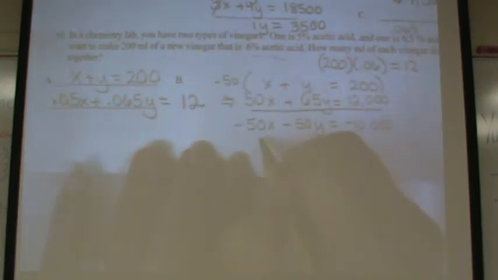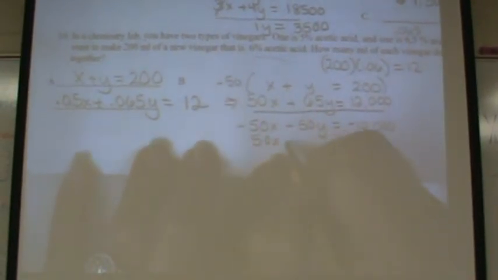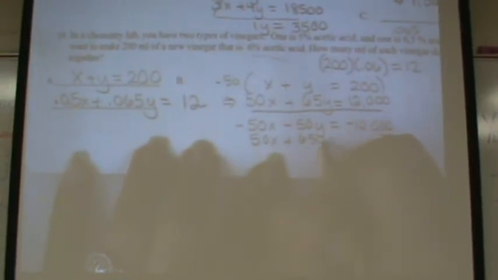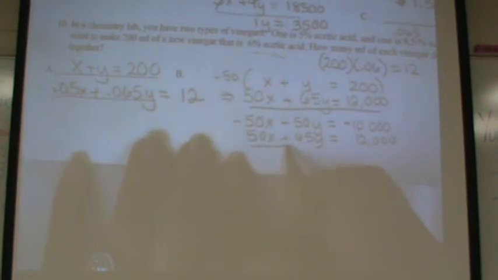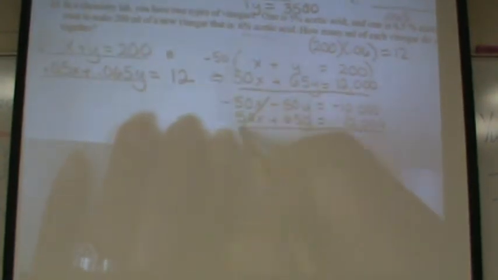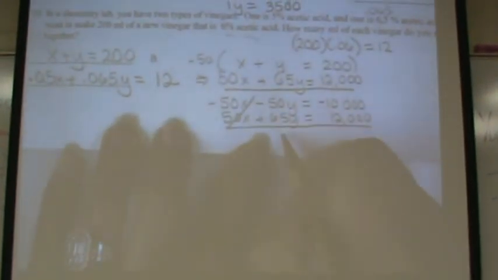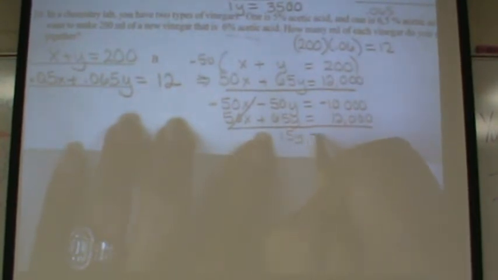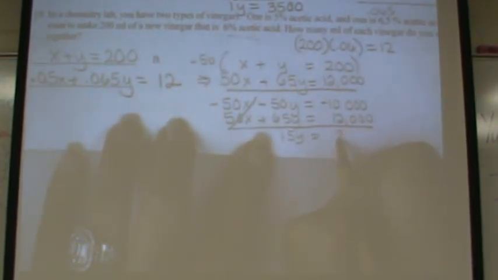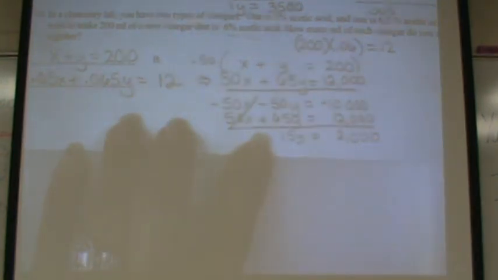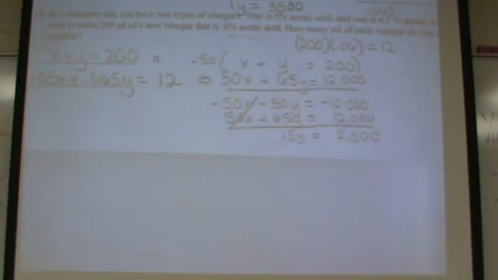And then copy 50x plus 65y equals 12,000. When I add these, x cancels, you get 15y equals 2,000. And 2,000 divided by 15 is 133.